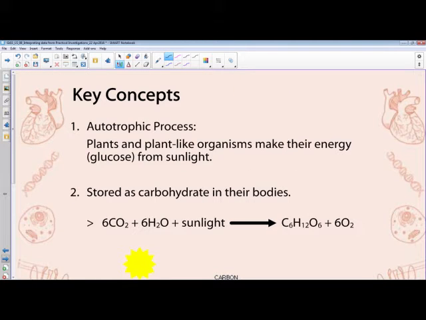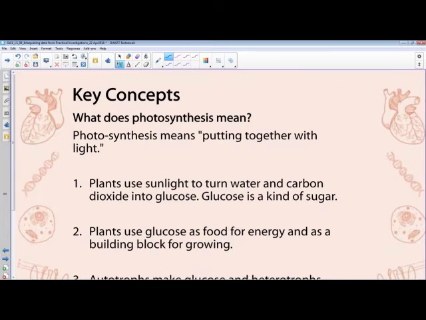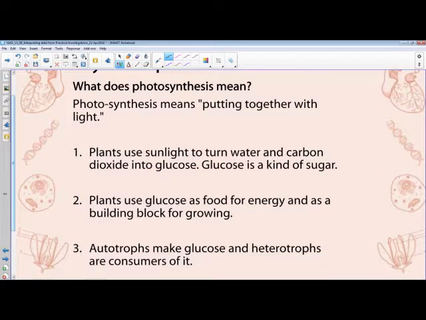Again, we're going back to the key concepts, and this equation is something that you must be very familiar with. Learn the equation and remember what is needed for the process of photosynthesis and the products that are produced in the reaction. Remember that photosynthesis is a process in which light converts water and carbon dioxide to glucose, and glucose is a type of sugar that is stored in the plant in the form of starch.